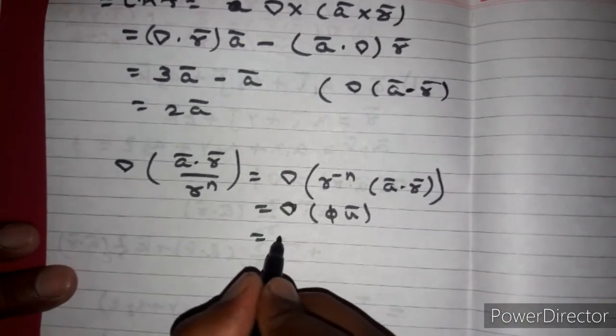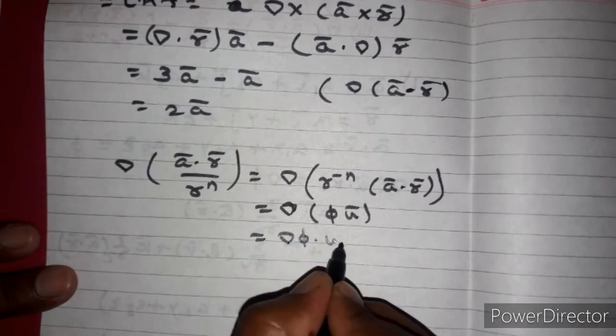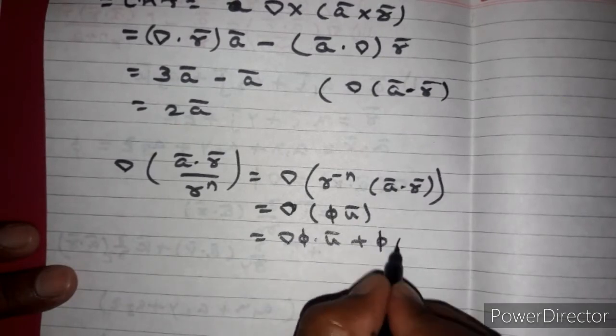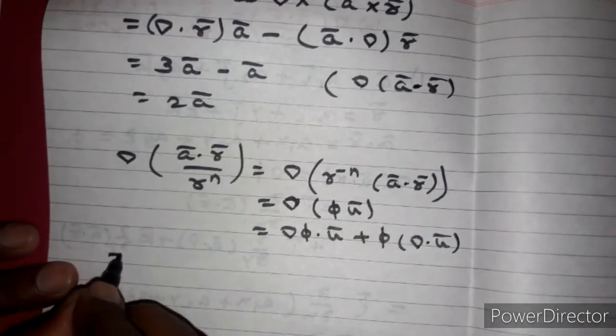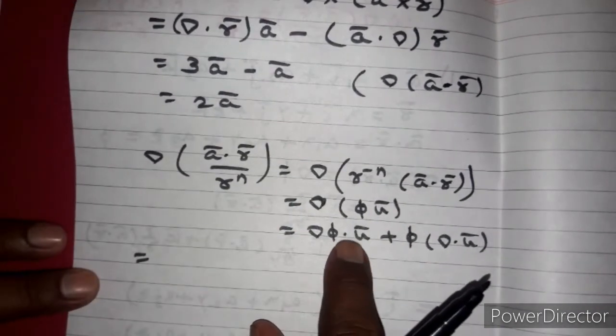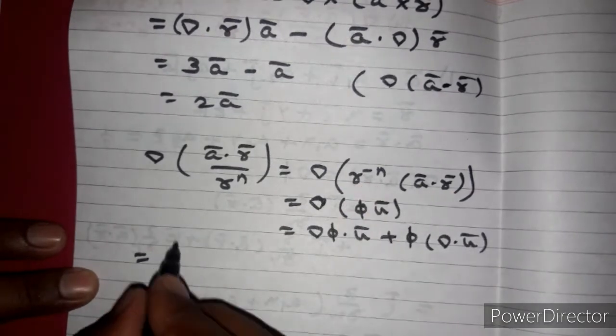So what is our identity here? Del phi dot u bar plus phi into del dot u bar. Instead of phi we write r raised to minus n.